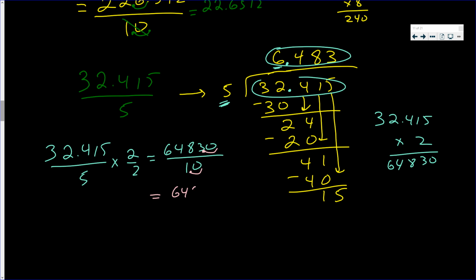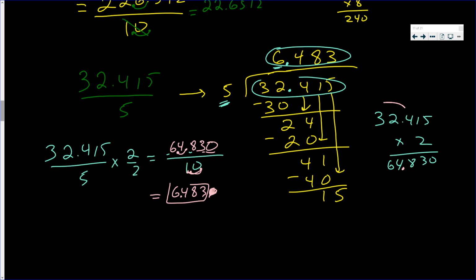So now I have 64.830. I move both decimals in one place, and then I would get 6.830. And that 0 at the end is unnecessary.